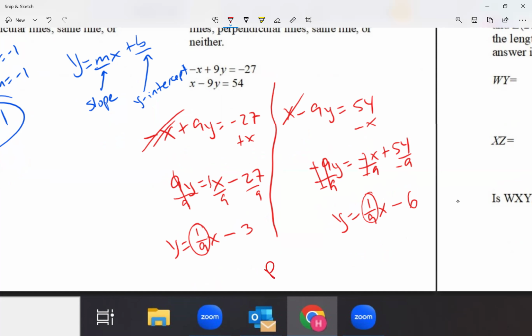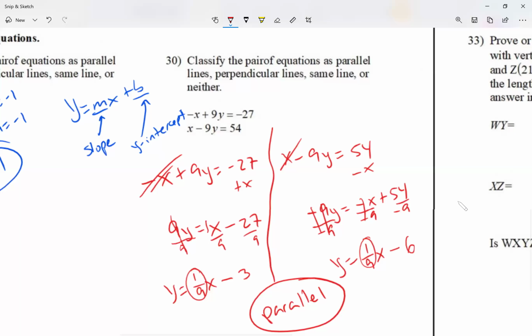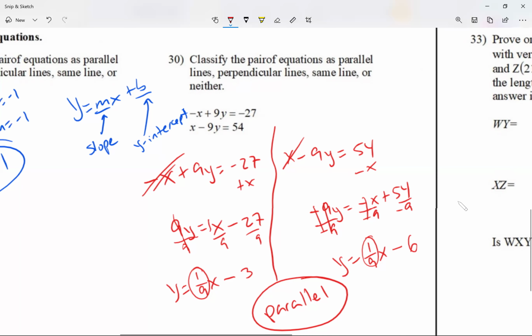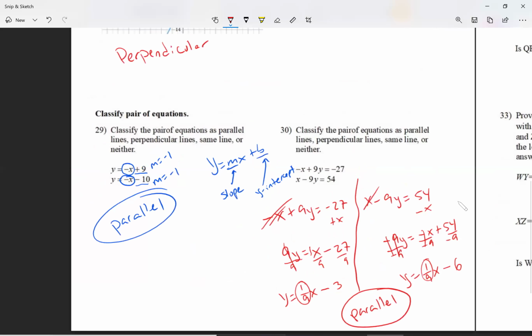Therefore, we're going to call this parallel. If they had the same slope and the same y-intercept, we call that same line. And remember, for them to be perpendicular, the slopes have to be negative reciprocals. So that means different signs, and they are reciprocals of each other. So just for you guys to see what we did today.